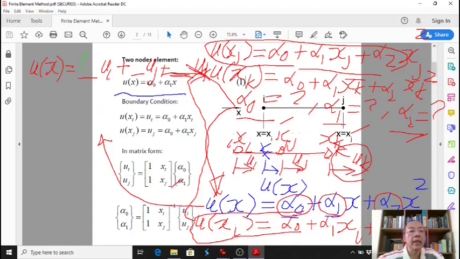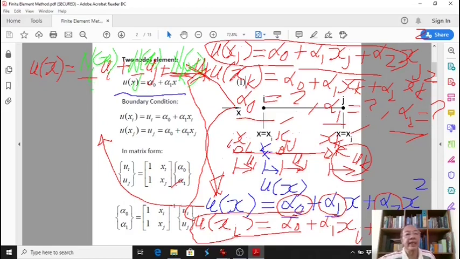This term we call Ni, a function of x, and this is Nj, a function of x, and then this is Nk, also a function of x.